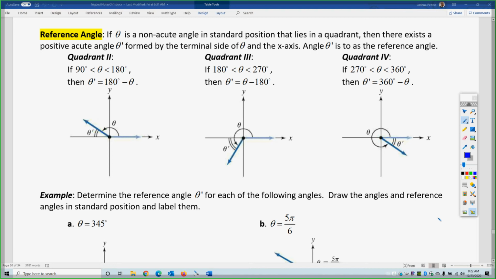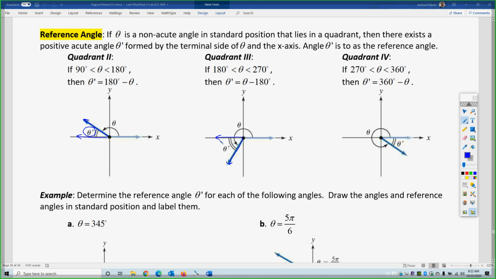A reference angle is denoted with a little single quote. What you notice is when you make an angle it takes two sides. You need the terminal side and the x-axis to make that angle. So in the next one, you need the terminal side and the x-axis to make the angle.